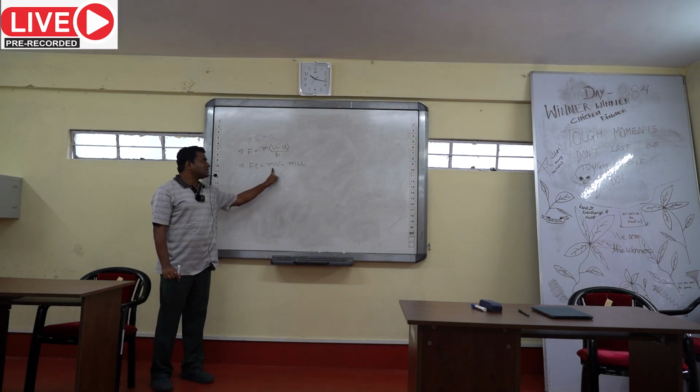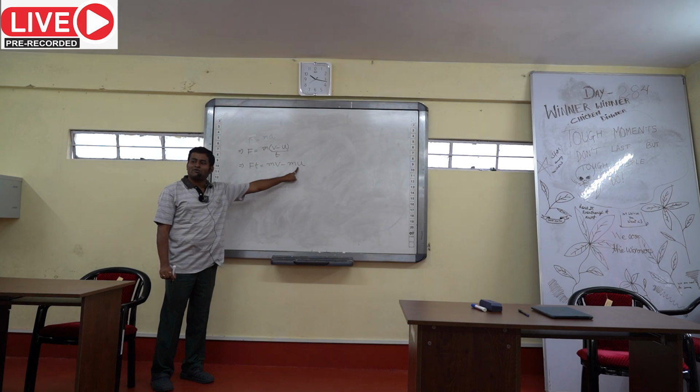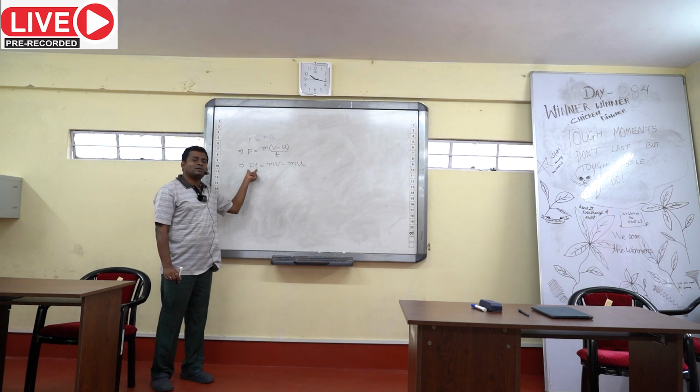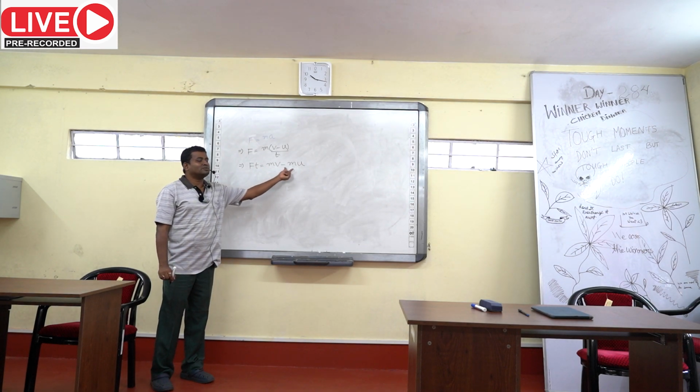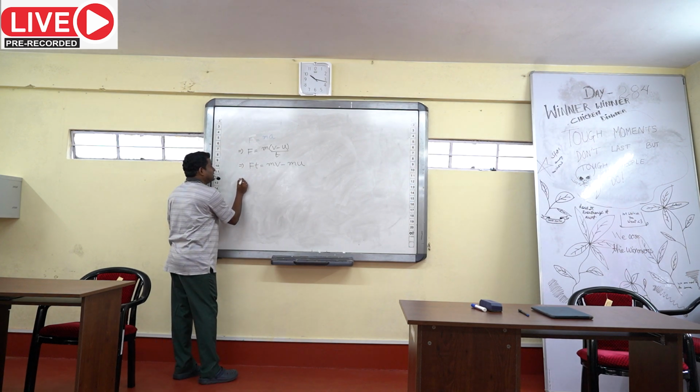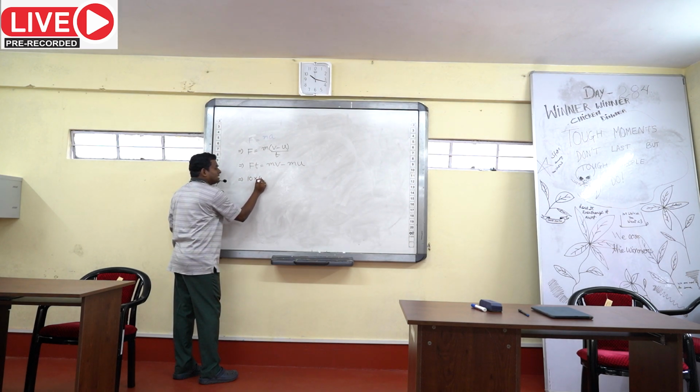So do we require the value of m and u to calculate change in momentum? No, because I can directly find the product of force and time, which is equal to the change in momentum. So just write, this one is given how much? 10 Newton. This one is given 4 seconds.